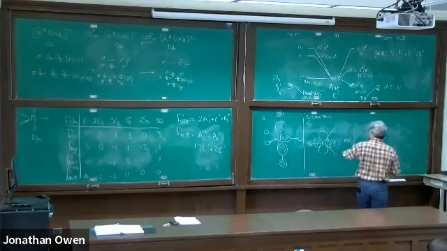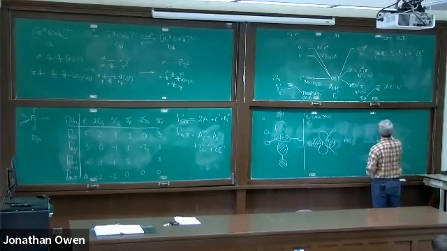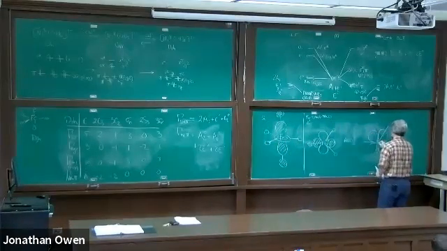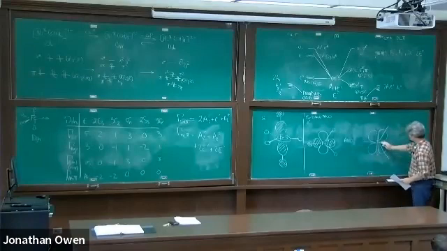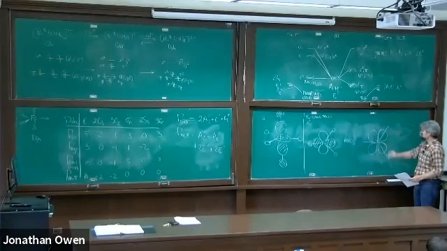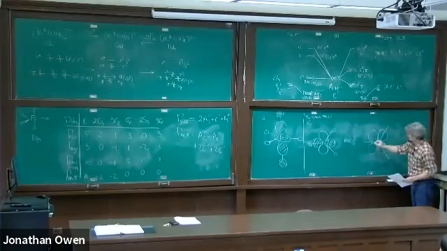So now, instead of nodal planes like that, I'm going to have nodal planes vertically and horizontally. There's a nodal plane. There's a nodal plane. Let's just color it in.